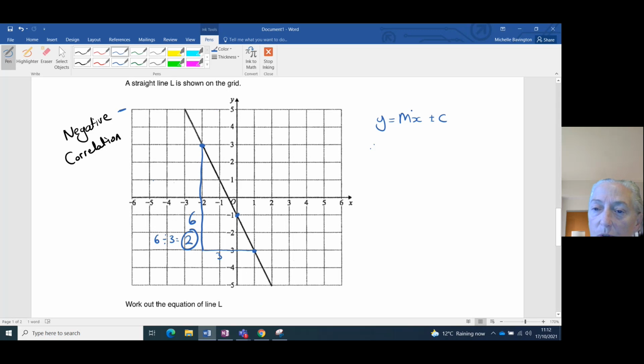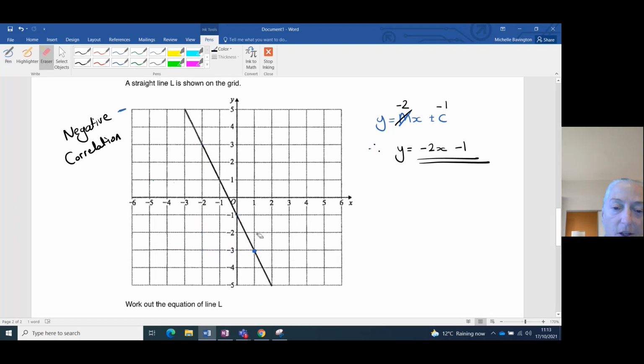So let's substitute. That's it, worked that time. -2 and -1. Therefore, we've got y equals -2x minus 1. So just remember the difference between positive and negative. Remember your corners. A common error is that learners will not pick a corner.